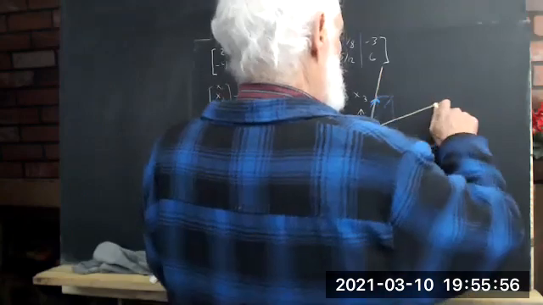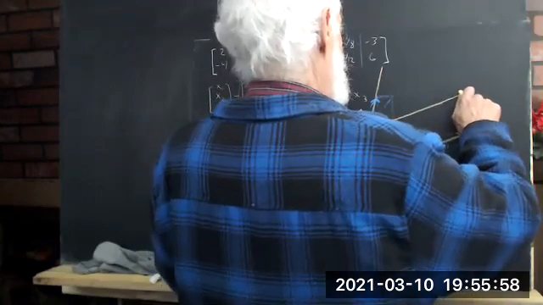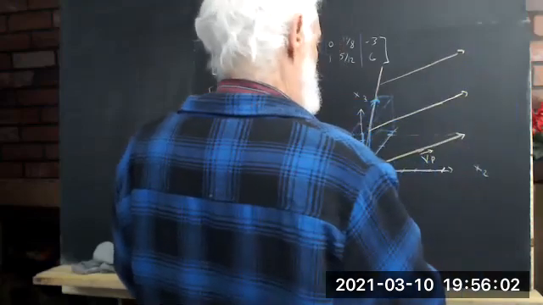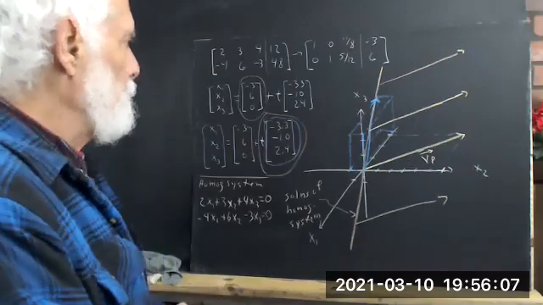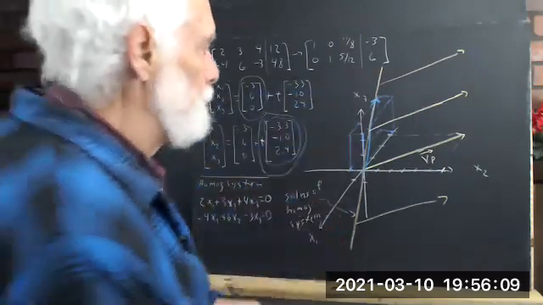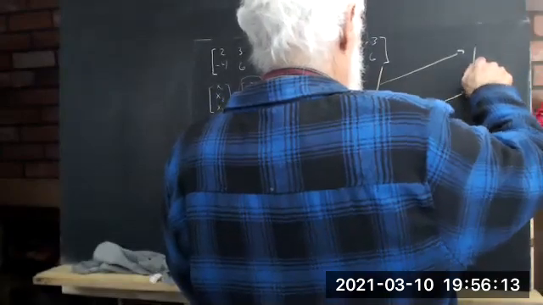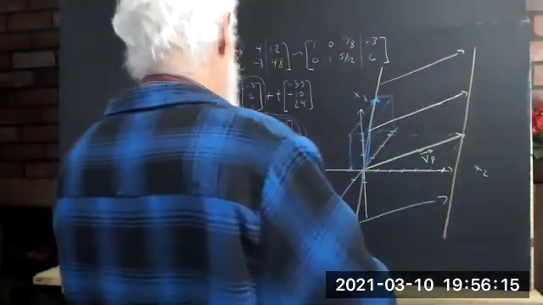Of course, it has to kind of come back here. It's a little hard to do this with the perspective I have, but we just displace this and we get this.